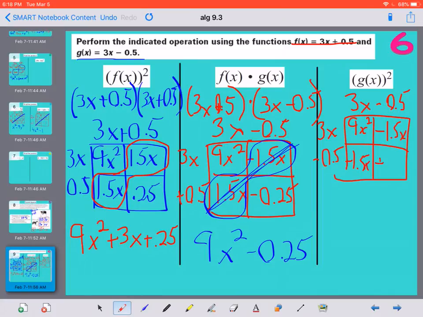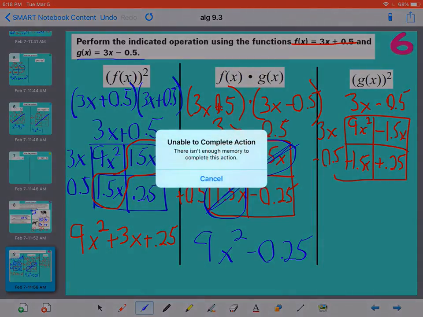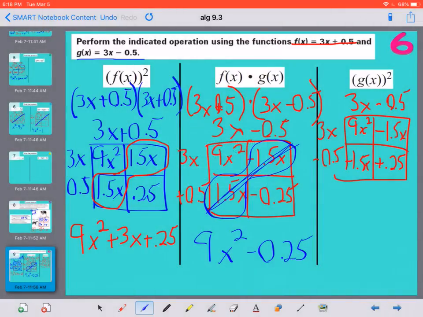And now a positive 0.25. So we get 9x squared minus 3x plus 0.25.